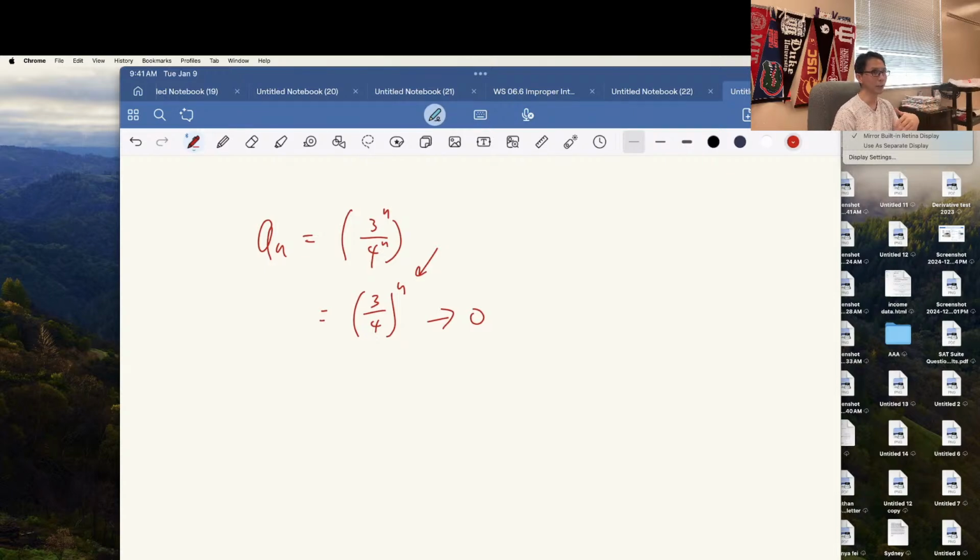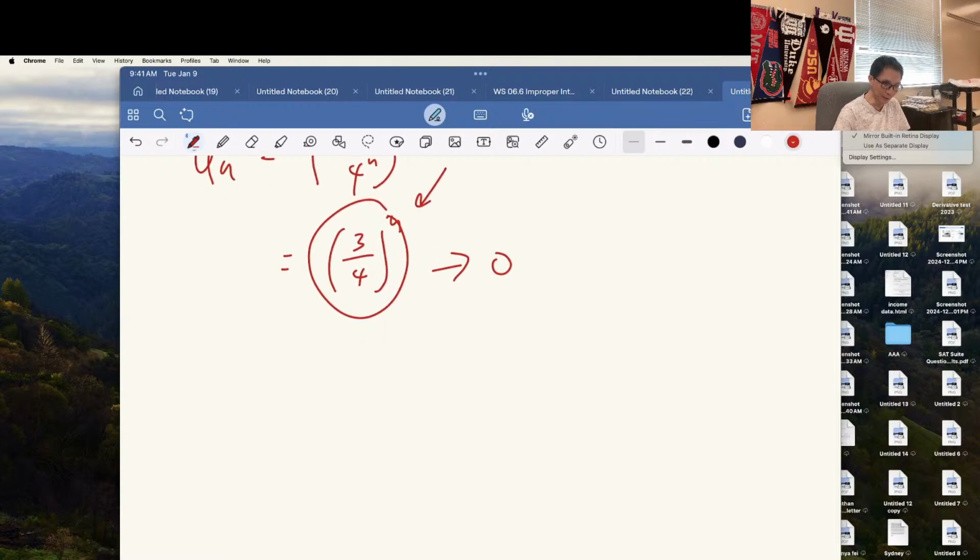Eventually that's going to go to 0. So this is actually a good way to think about it. But why is this helpful today? Because today we're going to talk about series rather than sequence. So what is the difference between series versus sequence?